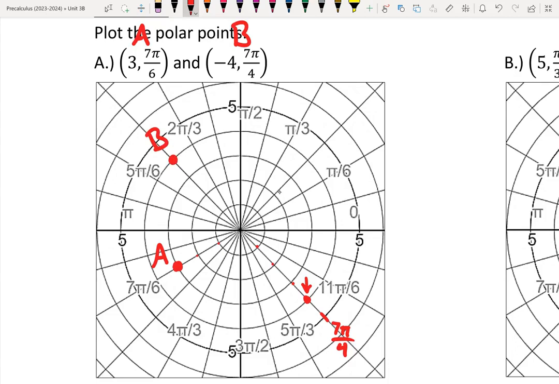So this one is positive 4, comma 7 pi over 6, whereas this one here is our negative 4, comma 7 pi over 6. Okay? So when we do negative, we go out in the opposite direction.